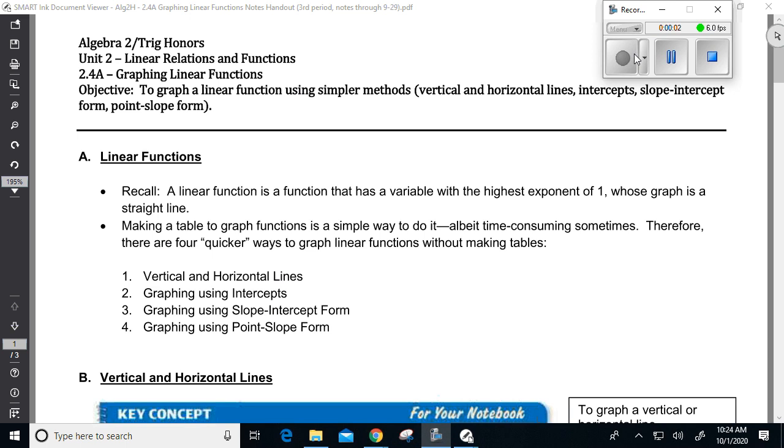So, just to recap, there are four shorter ways to graph a linear function. You have vertical lines and horizontal lines, intercepts, slope-intercept form, and point-slope form.